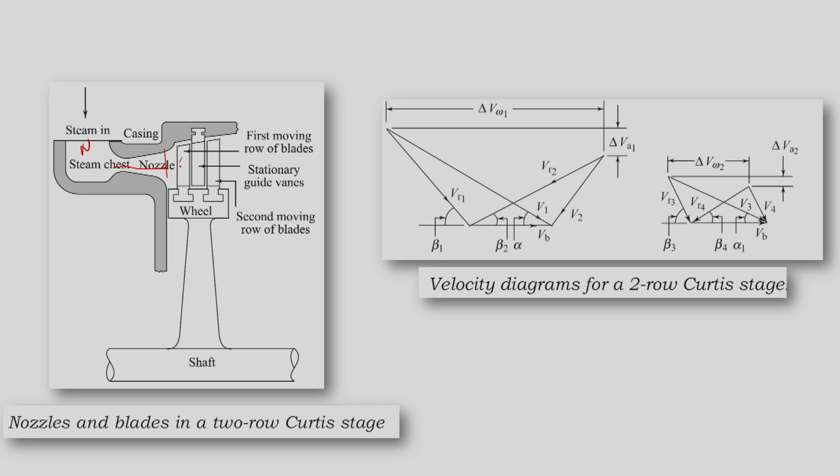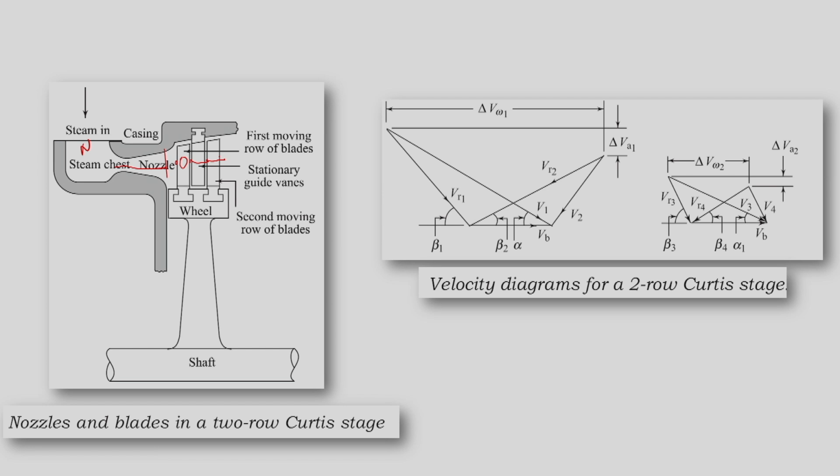Then there will be moving blades, which will change the absolute velocity to some value at the exit. Then there will be stationary blades or guide vanes. They will change the direction of velocity such that it will be smooth at the entry to the second moving blades, and then in the second moving blades we will have the rest of the velocity change taking place.